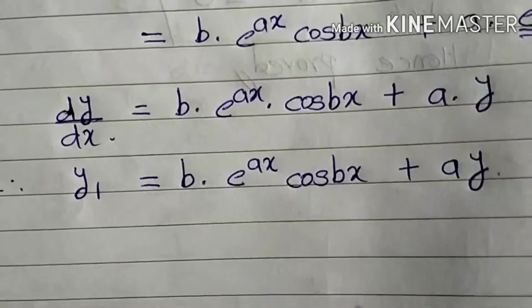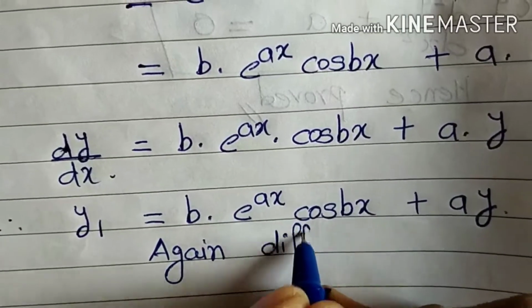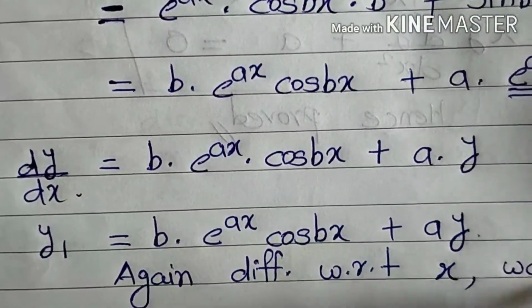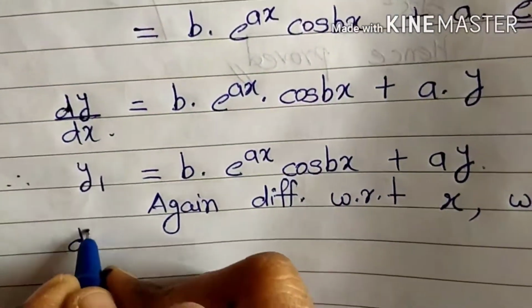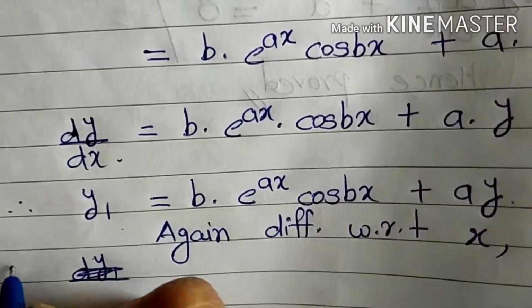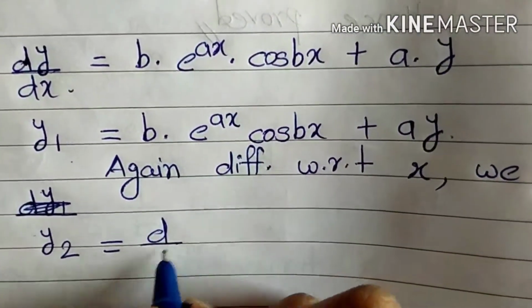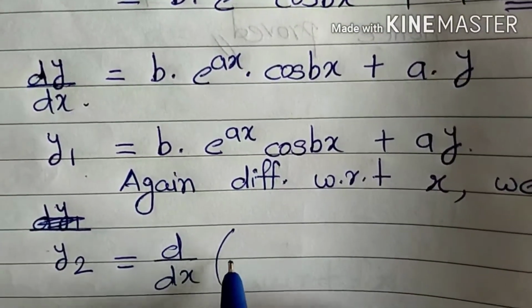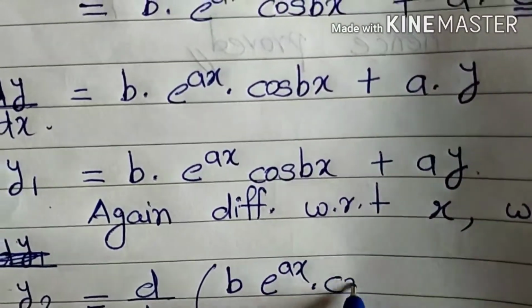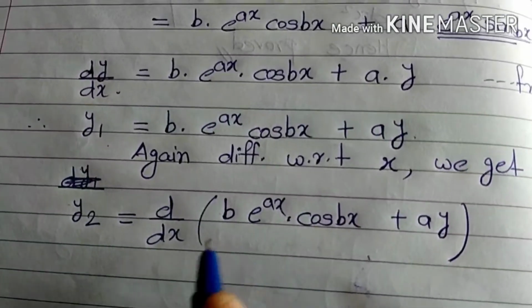Now again differentiate with respect to x. Differentiation of this y1 is y2, which is equal to d by dx of y1. Now use here the sum rule.